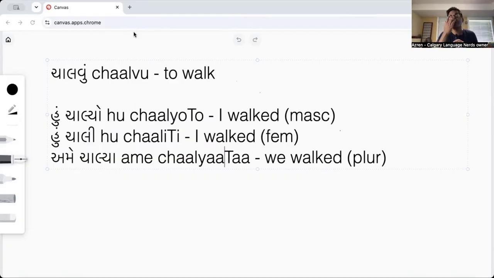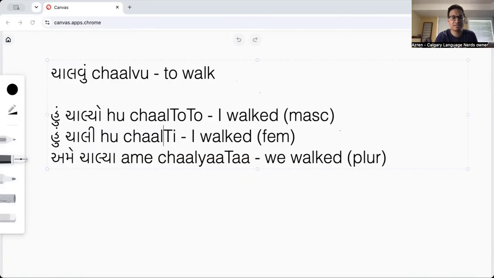Now, what if we want to switch this to the imperfect past tense? What if it's like I was walking, or I used to walk, or I walked every day? Well, to do that, all we do is we take this here. Instead of saying chalioto, we replace it with a T. Chaltoto. Instead of chaliti, chalti.